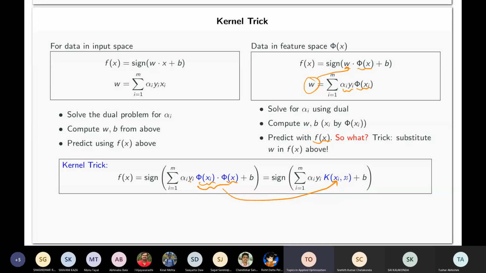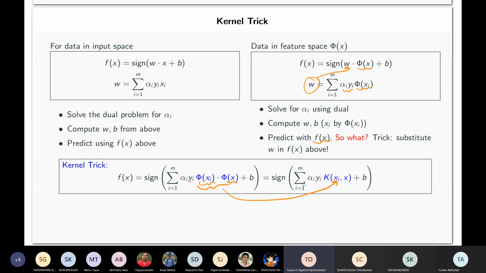It's like a matrix. So k of xi, x will be phi xi dotted with phi x. You can think of this as some operator that does this vector dotted with vector operation.